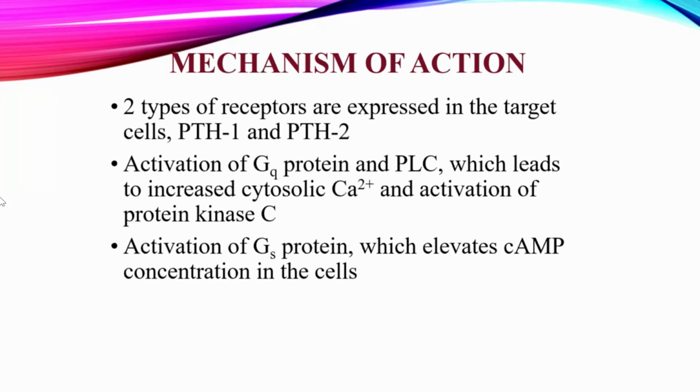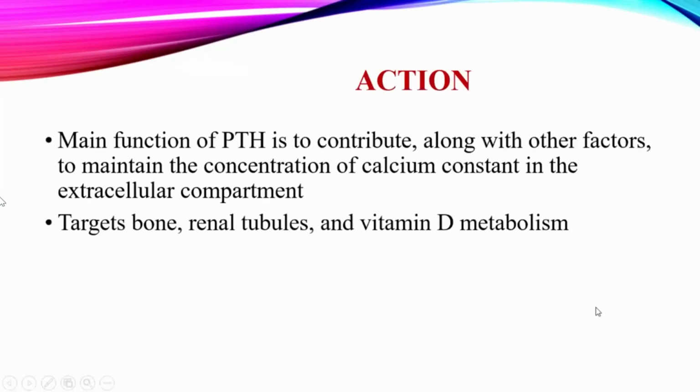So inositol triphosphate and diacylglycerol increase cytosolic calcium and also activate protein kinase C, and cyclic AMP, another second messenger, activates protein kinase A. Action: the main function of parathyroid hormone, along with others, is to maintain the concentration of calcium in the extracellular compartment.